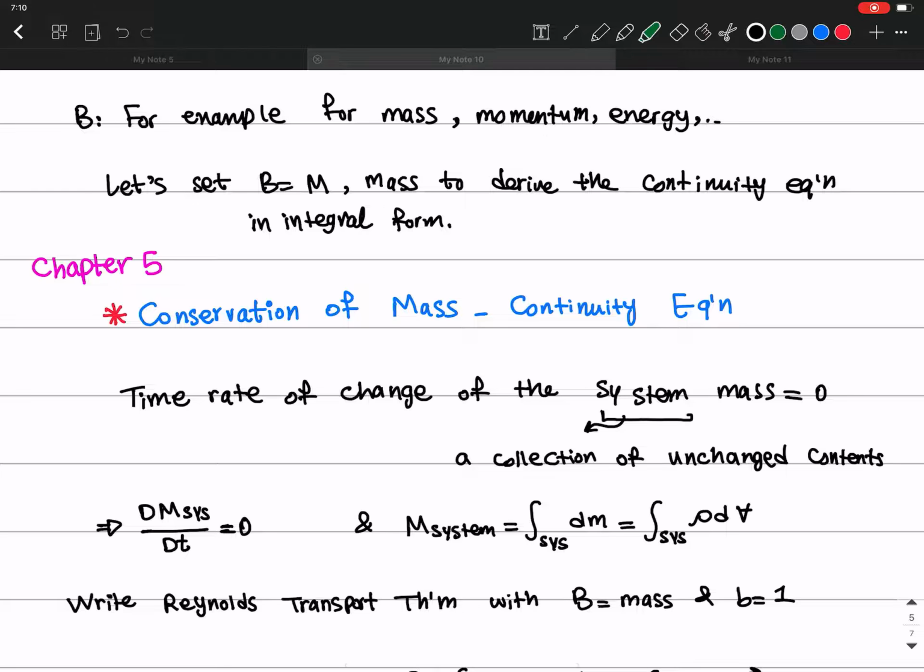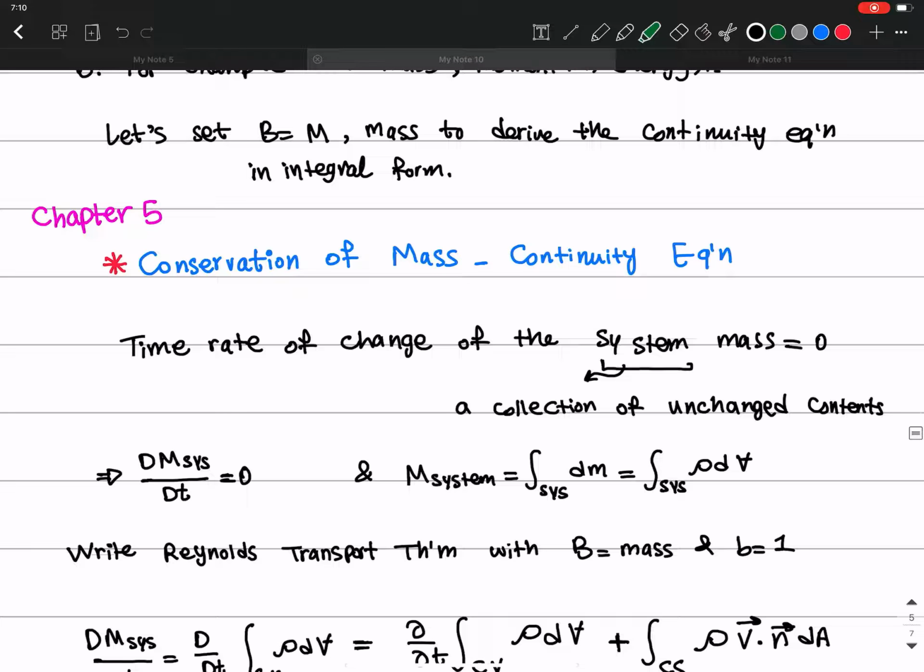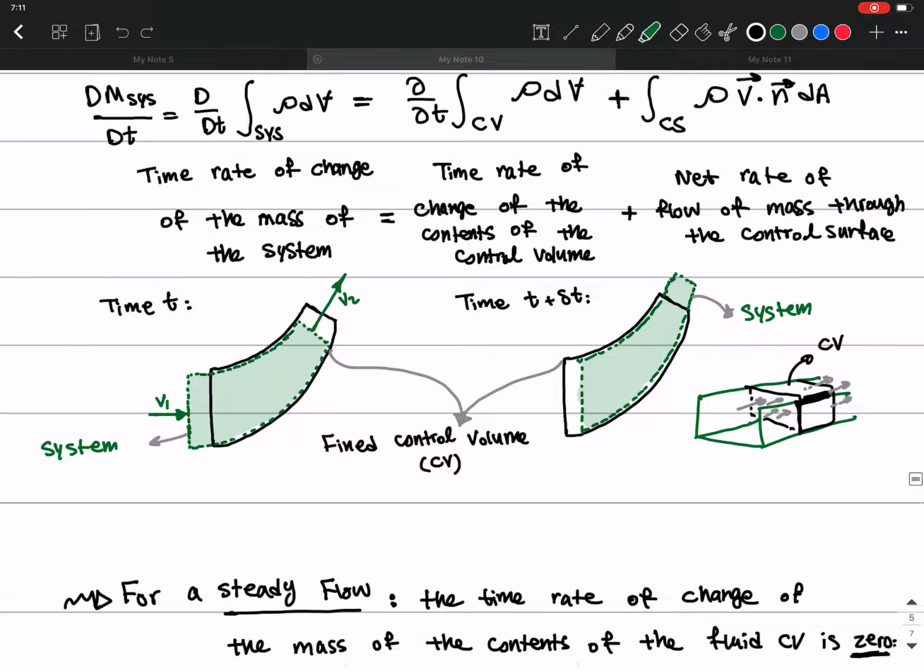So we started with conservation of mass. So in short, the conservation of mass states that the time rate of change of the total system mass is 0. And a system is a collection of unchanged contents, right? For example, this here that I've shown.